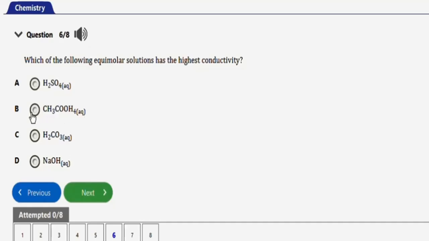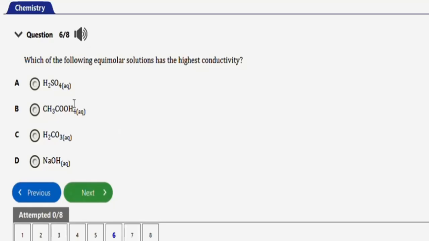Then this option B is looking like ethanoic acid, though I'm not sure. So the right option in this question will be option A, that's our concentrated tetraoxosulfate(VI) acid. The right option will be option A, which is our sulfuric acid.